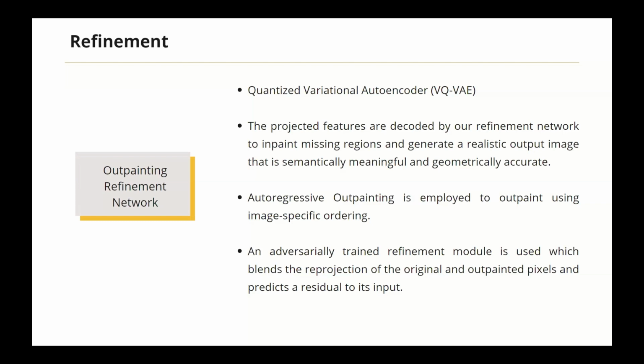At the end of this, we get a semantically meaningful and geometrically accurate transformed view, because that was our objective: to bring in precision and to retain all the semantic features. Our refinement module was able to perform as expected. This is our final module, and here we got our transformed new viewpoint.